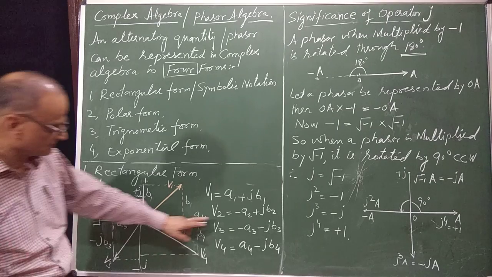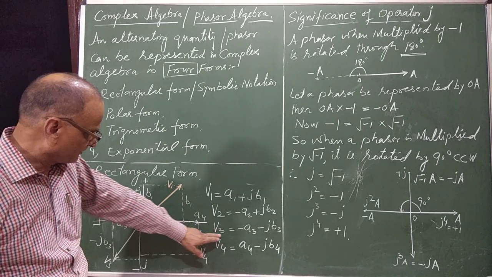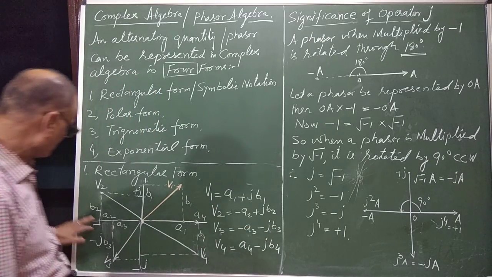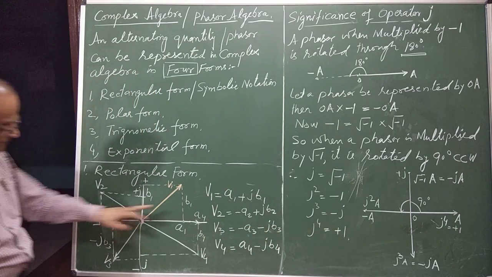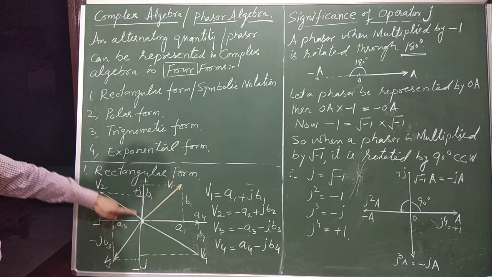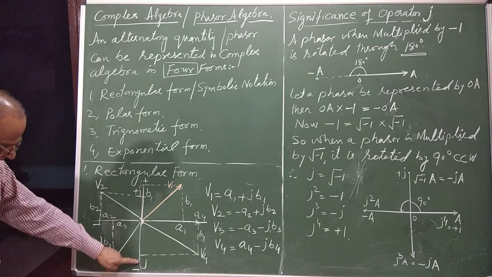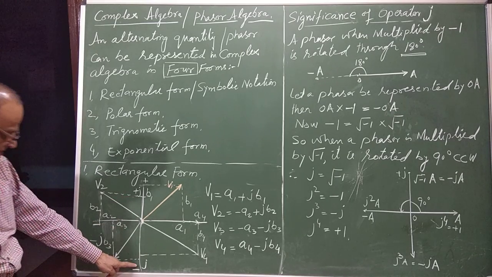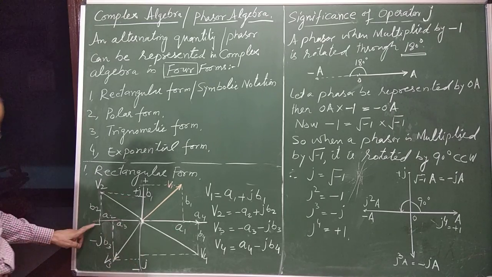You have to understand that V3 is minus A3 minus jB3, whereas V2 is minus A2 plus jB2. This axis is positive axis, this is negative axis. On this side is plus j, on this side is minus j. This is positive, this is negative.